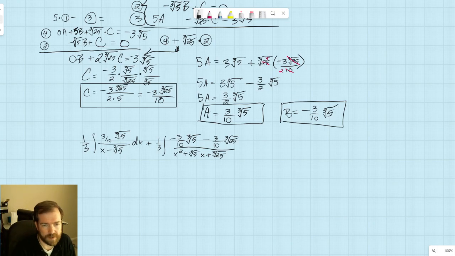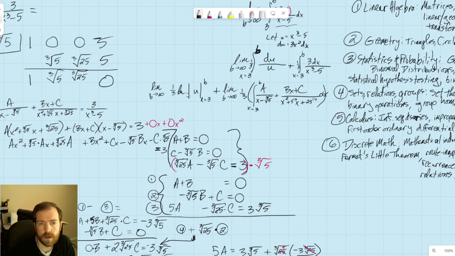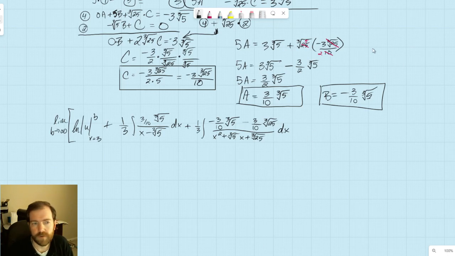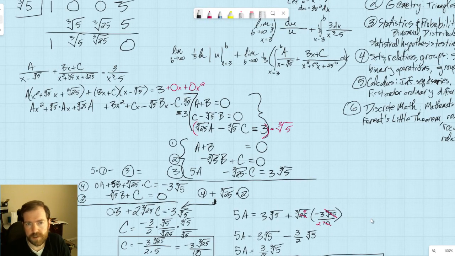All right, so this is our disgusting integral here that we're trying to figure out. There is also our natural log stuff that sticks out front there. So that's going to be our limit as b approaches infinity of the natural log absolute value of u, where x is going to go from 3 to b, plus that 1/3 out there and the rest of the stuff.